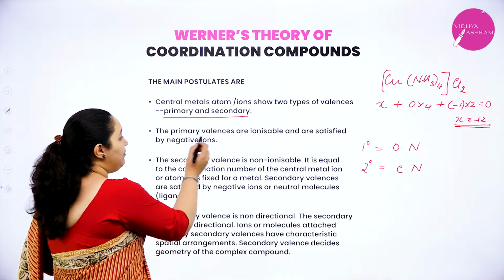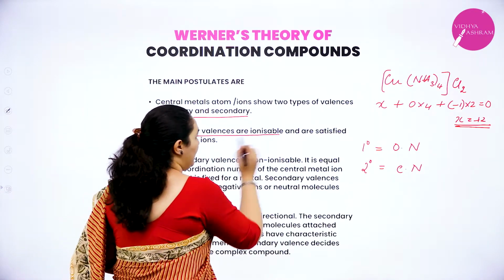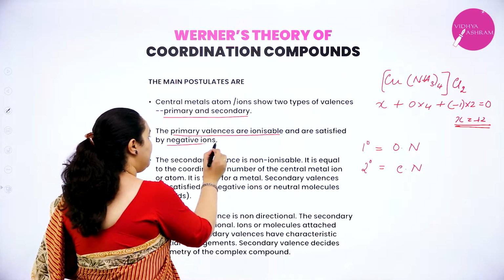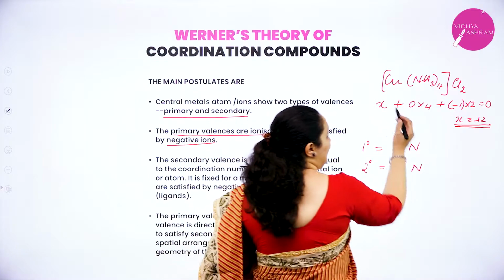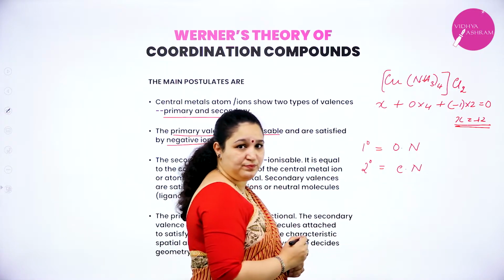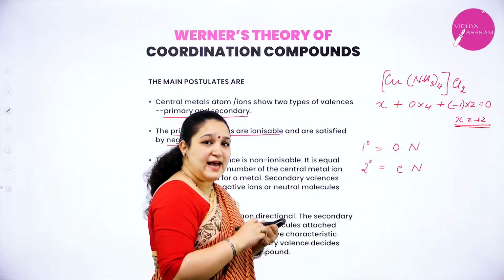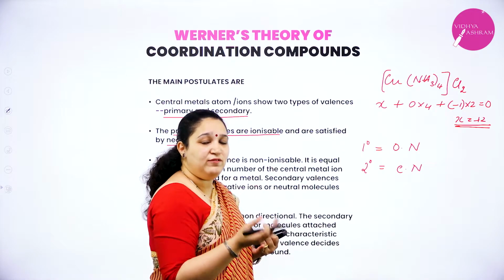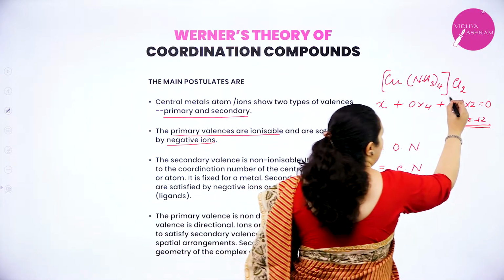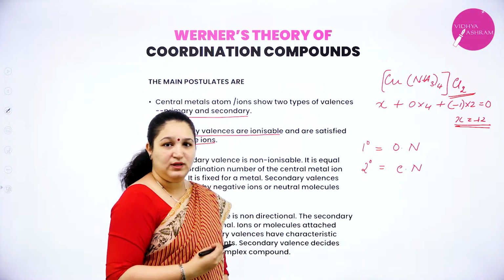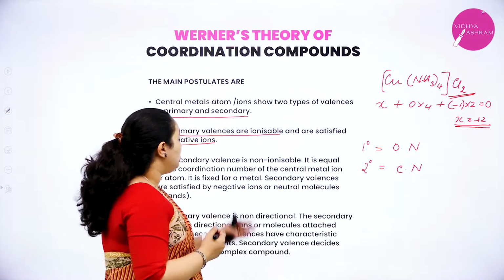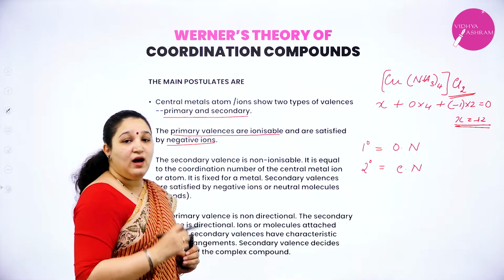The primary valencies are ionizable and are satisfied by negative ions. See here, the metal ion has +2 charge and it is satisfied by negative ions, which is nothing but chloride, present as the counter ion. Why is it told as ionizable?